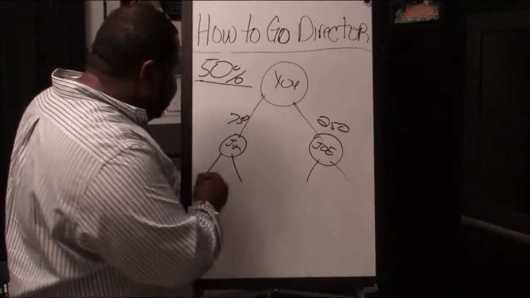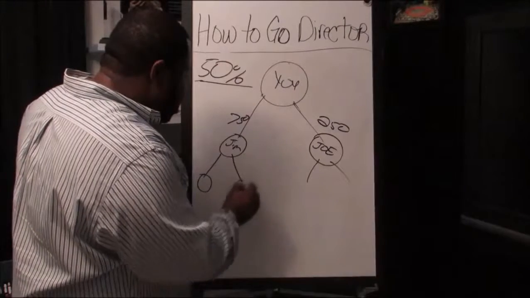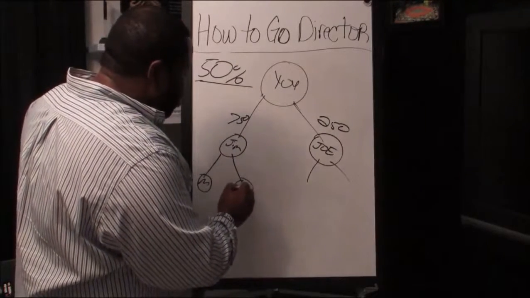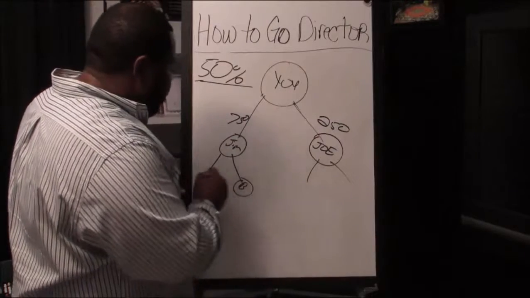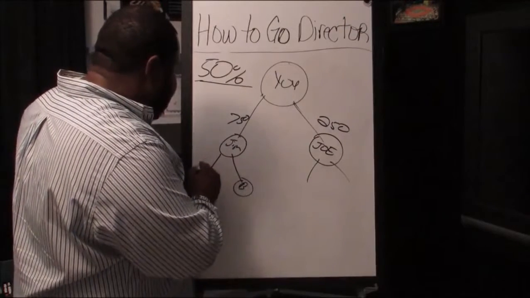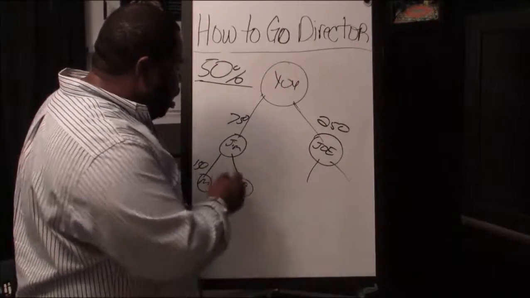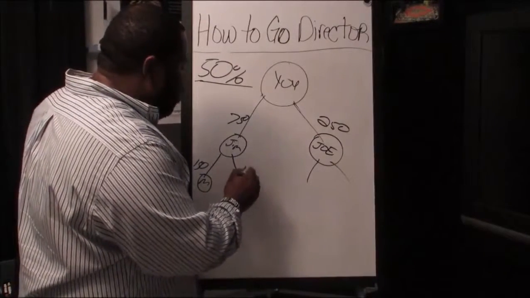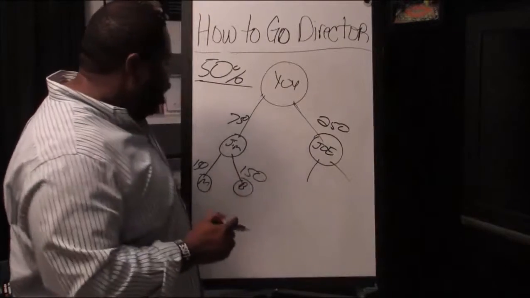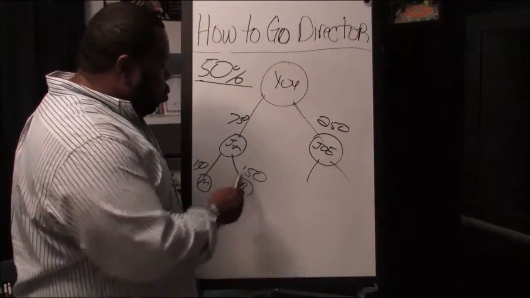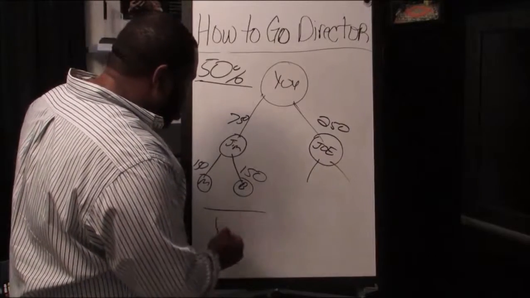So, let's say Jim, he brings in Mary, and Mary brings in Brian, okay? Mary comes in on a $300 package, which is 150 points. Okay, Brian comes in on another $300 package, which is 150 points. So, ladies and gentlemen, that's 750, 900, 1,050 points that you've already accumulated.